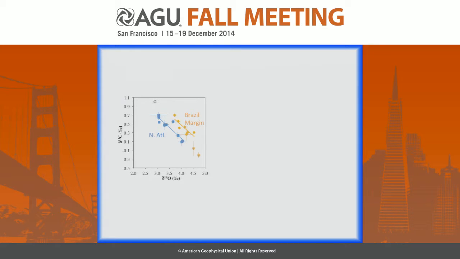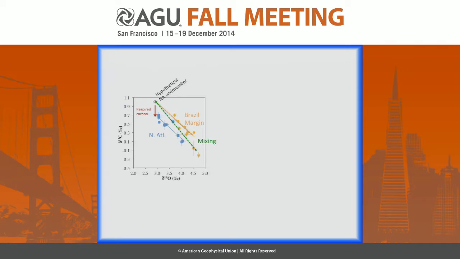The alternative is that North Atlantic deep water did reach the Brazil margin, and to find the northern end member, we project the Brazil margin data this time to a hypothetical North Atlantic deep water end member having a Delta C13 of 1 per mil. If this was the real northern end member, then the mixing line between a North Atlantic end member and the southern end member would be something like this green line, and all the North Atlantic data lie below it.